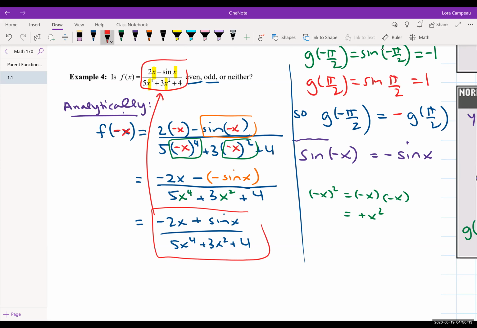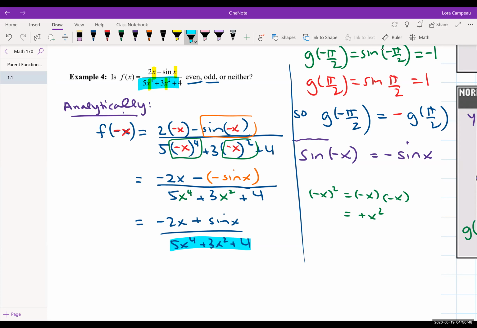Before I make a decision to say, hey, it's not even, or hey, it's odd, I want to play around, especially with these rational-like functions. I'd like to inspect a little bit more by playing with factoring out negative signs to see what I can come up with. So I'll erase this for a little bit. It appears that my denominators are already the same, so they differ by the sign in the numerator.